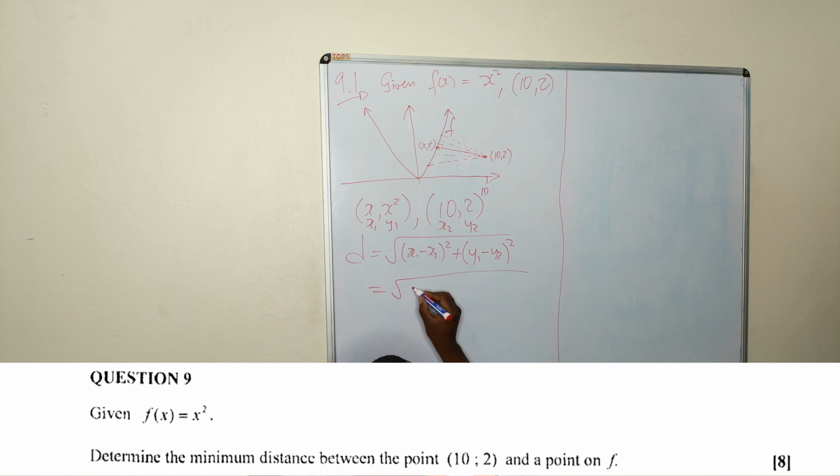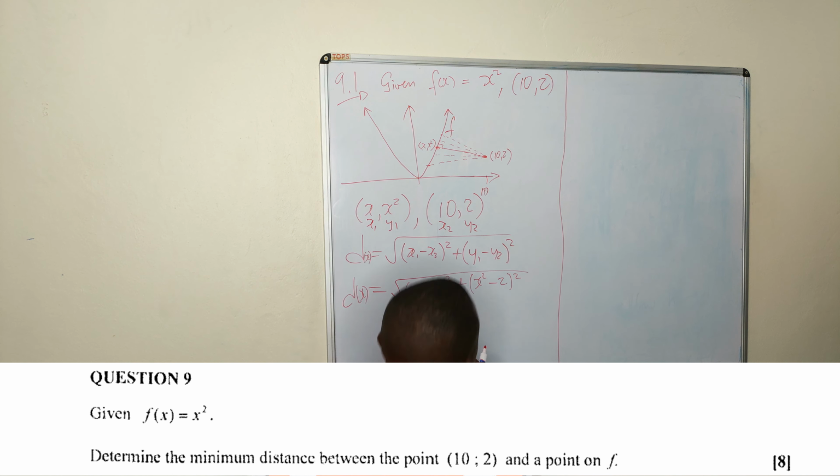We have x minus 10 all squared, plus x squared minus 2 all squared, is equal to d of x. This is d, which is a function of x, right?